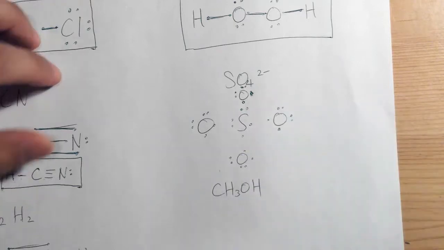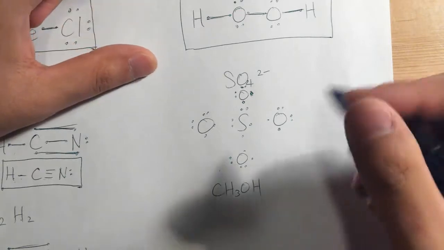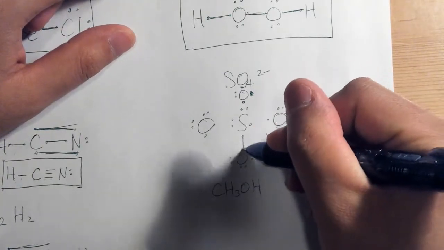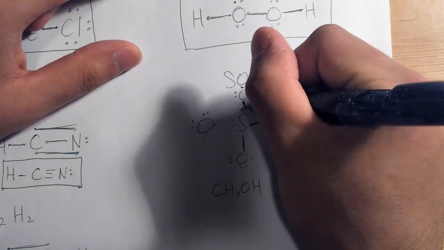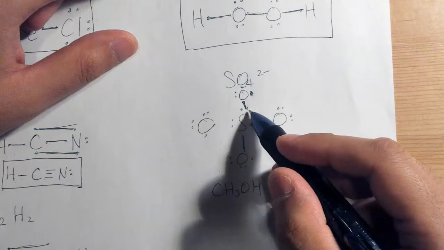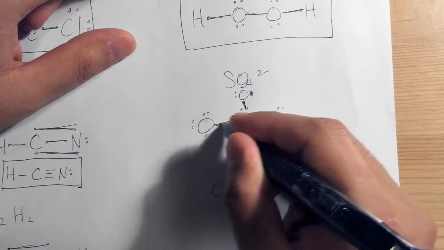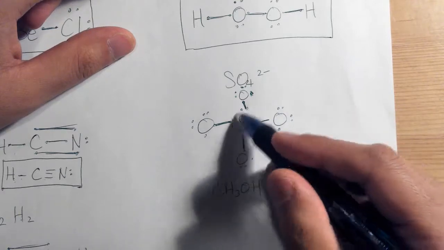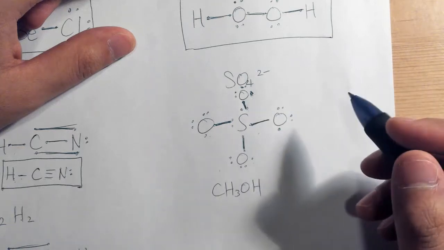Okay, so this is what I'm going to do. First, I'm going to connect each of the bonds. So I'm going to put 1 here, 1 here, 1 here, and 1 here. I know we're not allowed to take the pairs, but in this case we can because it's an exception. Now we have 1, 2 left over here, and 1, 2, 3, 4 left over.